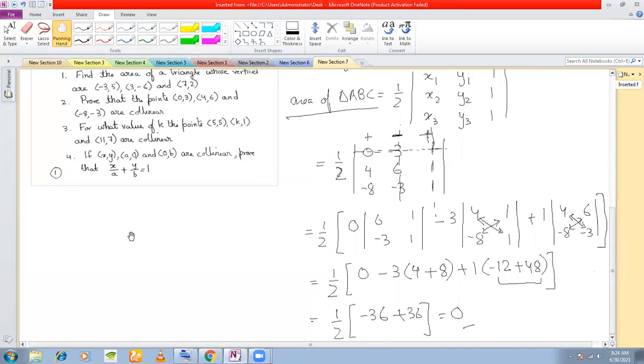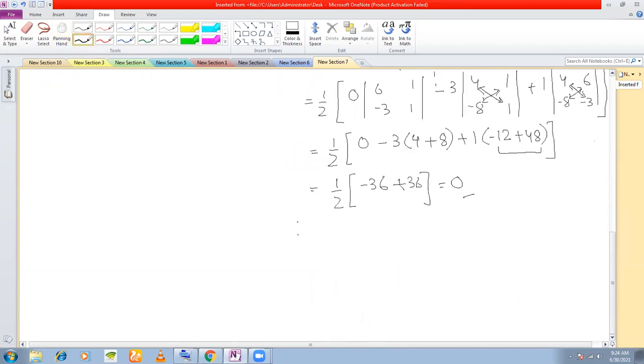So therefore these 3 points are collinear. Hence A 0, 3, B 4, 6, and C -8, -3 are collinear. Fine. Moving on to the next problem.